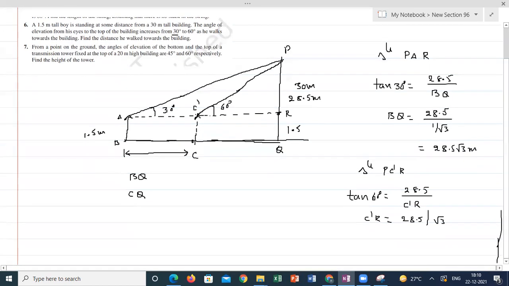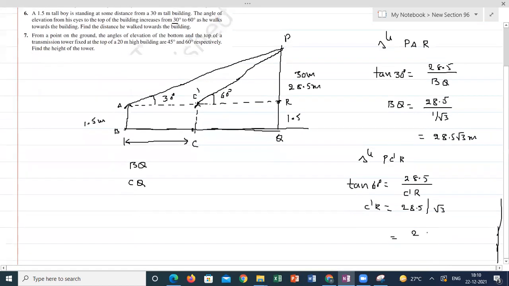Multiplying by root 3 over root 3, the denominator becomes 3. How many times does 3 go into 28.5? 9.5 times. So 9.5 root 3.